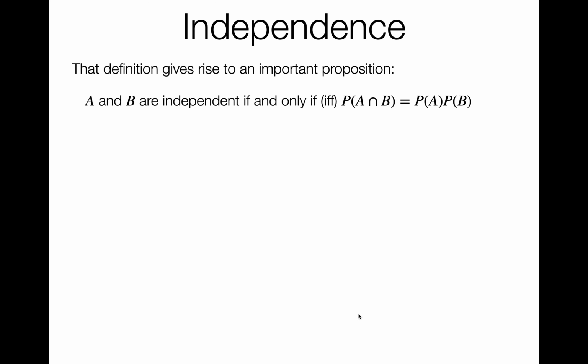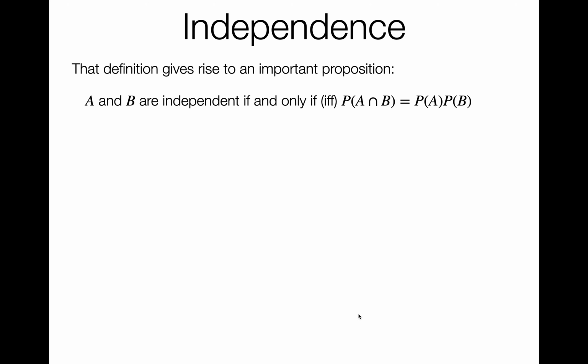I'm going to use "if and only if" throughout this course, and I will shorten that to IFF, which means if and only if in mathematical notation. The thing that needs to happen is that the probability of the intersection is equal to the product of the probabilities of the individual events.